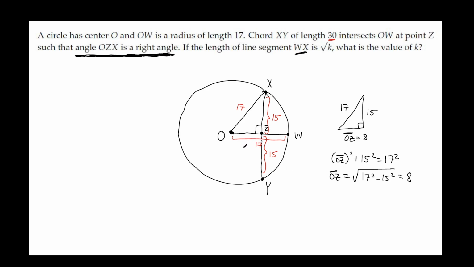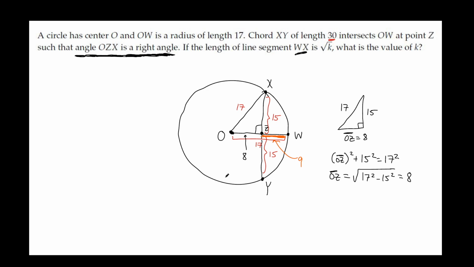So if I know that OZ here is 8, and I know that OW is a full radius, that tells me the last thing that I need before we can find WX. If this is 8 and the full thing's 17, that means that 9 will be the length of ZW.